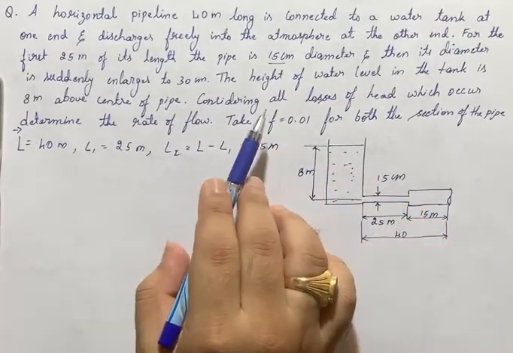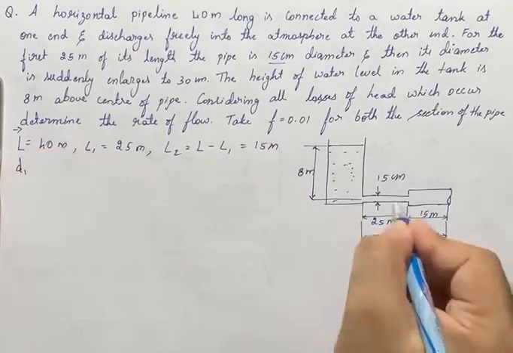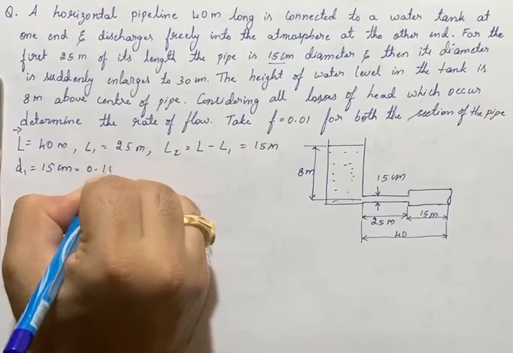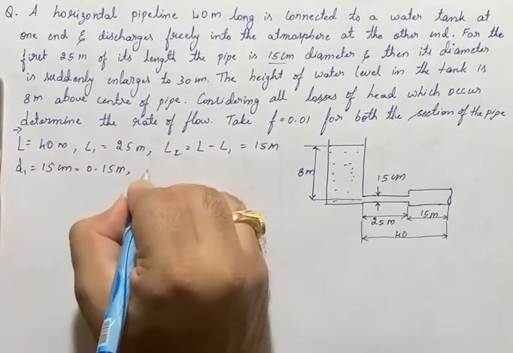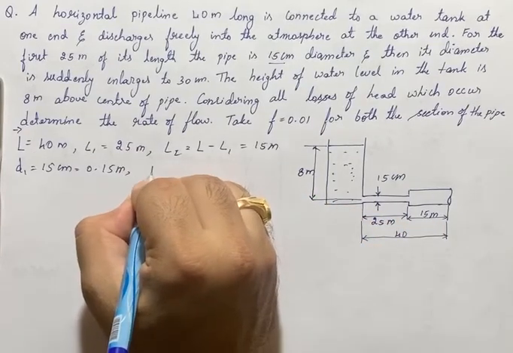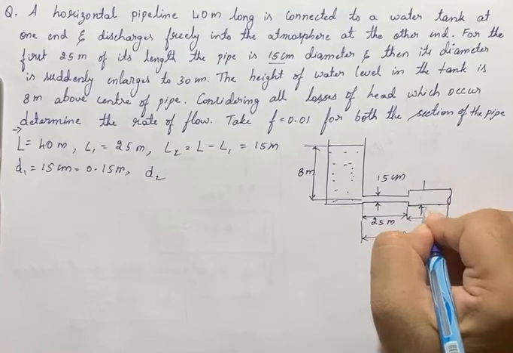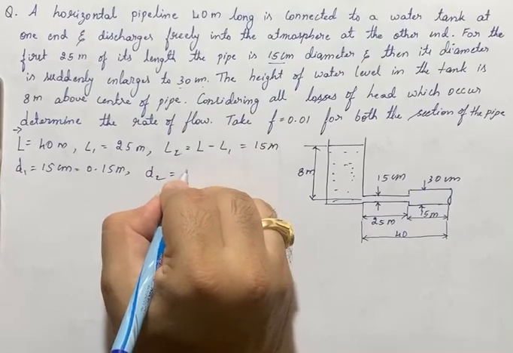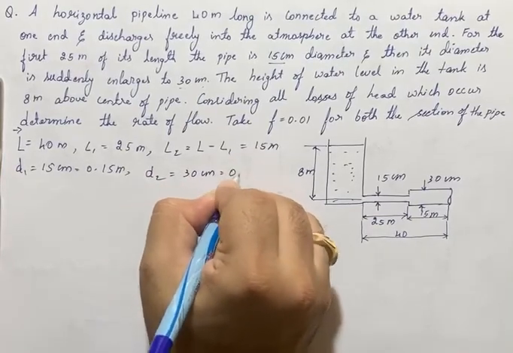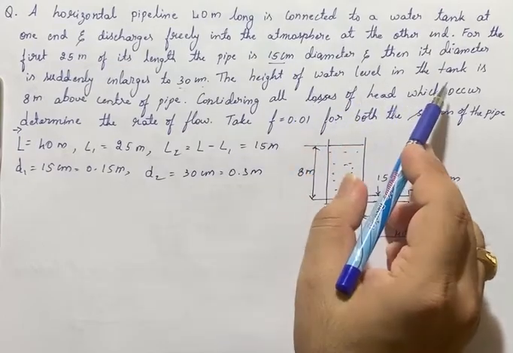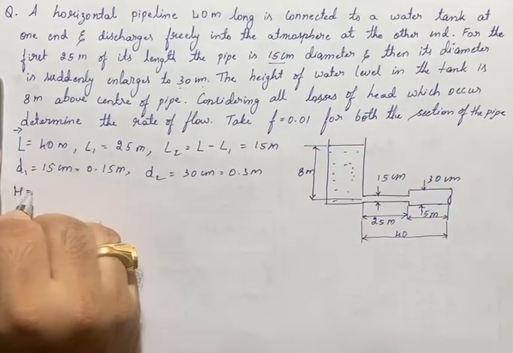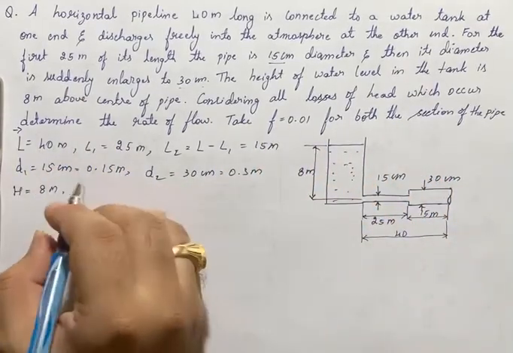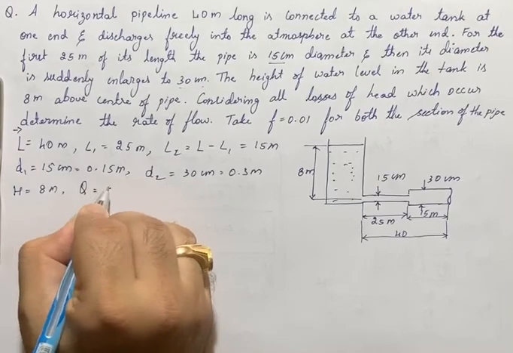Then he has given the diameters: D1 is 15 centimeter, that is 0.15 meter, and D2 is 30 centimeter, which equals 0.3 meter. The height of water level from the tank, that is H, he has given 8 meter. Considering all losses which occur, determine the rate of flow. That means Q, the discharge, we need to find.